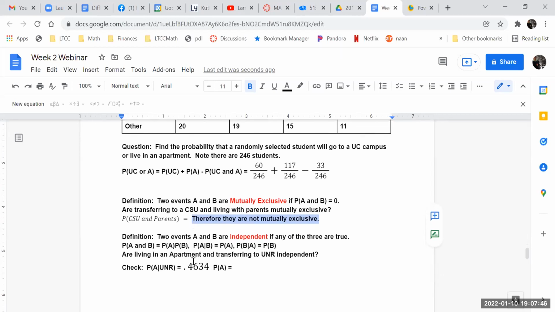And then the final thing is 2 events are independent if any of the 3 are true. Probability of A and B equals the probability of A times the probability of B. Probability of A given B equals the probability of A. Probability of B given A equals the probability of B. So if one of those is true, they're all true.